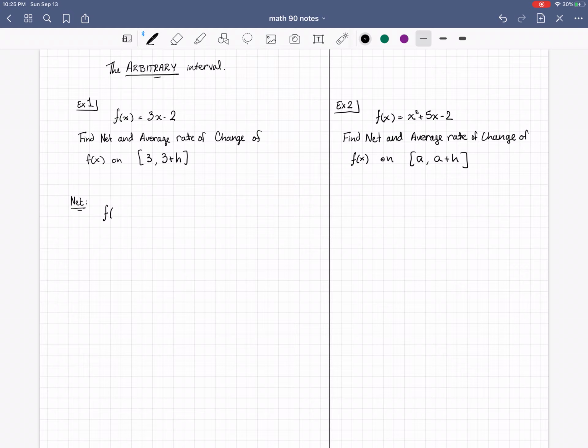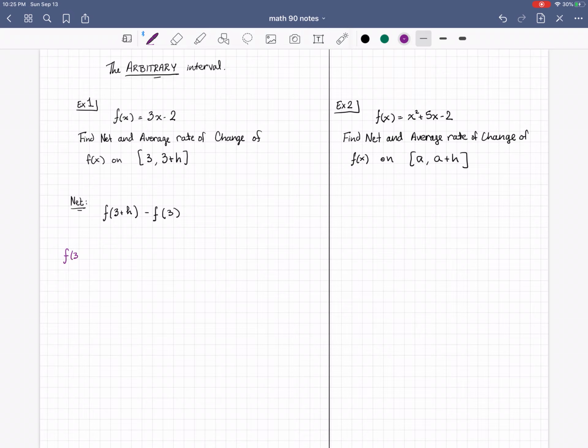The value at the end is f of 3 plus h. The value at the beginning is f of 3. I hope some of the problems from homework 5 start to come back to you, because you did examples like this and we talked about them a great deal in that week's discussion post.